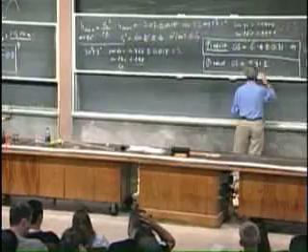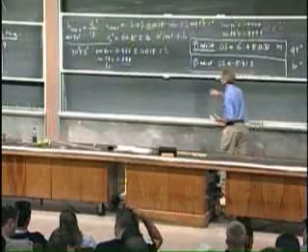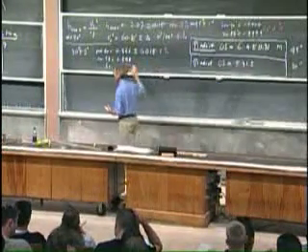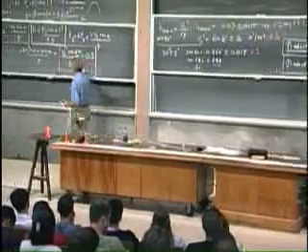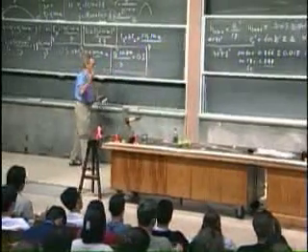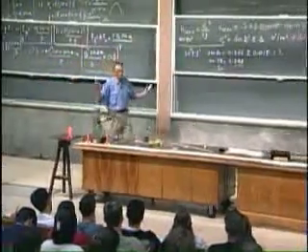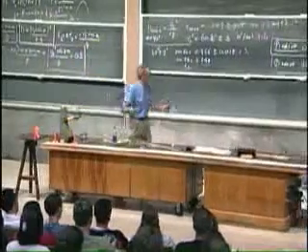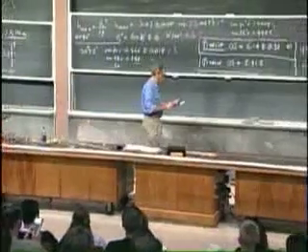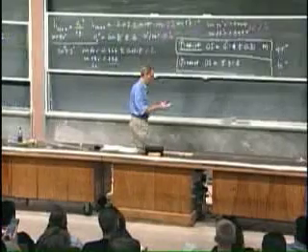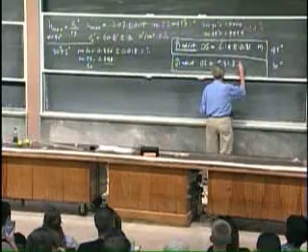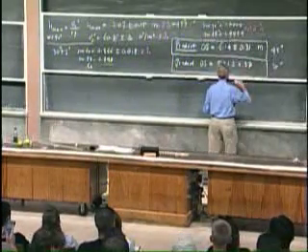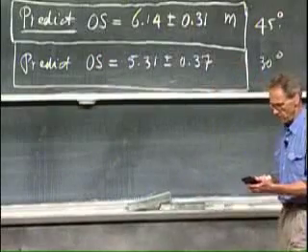plus or minus. Now, 2% error in the sine of 2 alpha, 5% error in V0 squared. That gives me a 7% error. So I have a 7% uncertainty, multiplied by 0.07. So I cannot trust this any better than 37 centimeters.